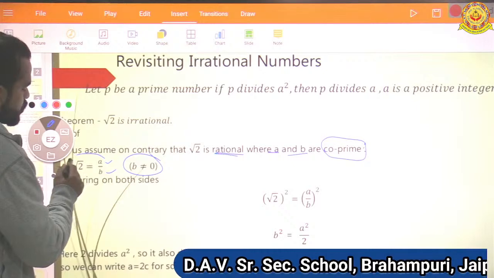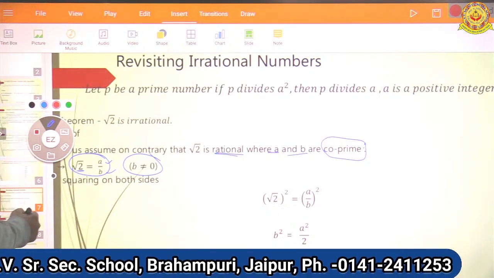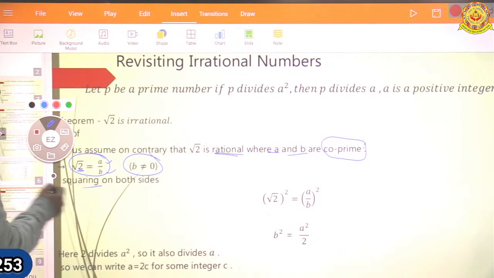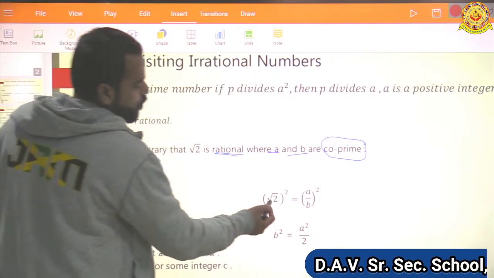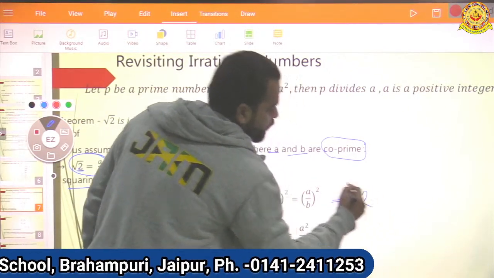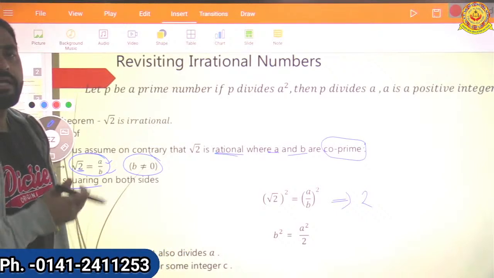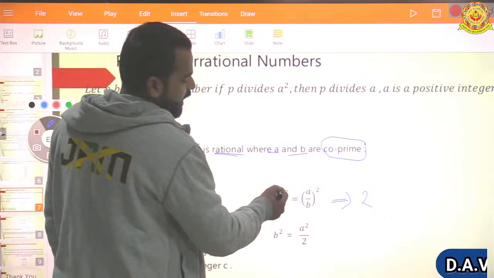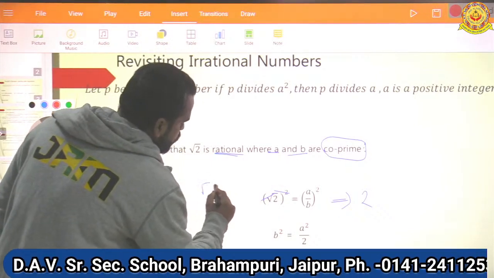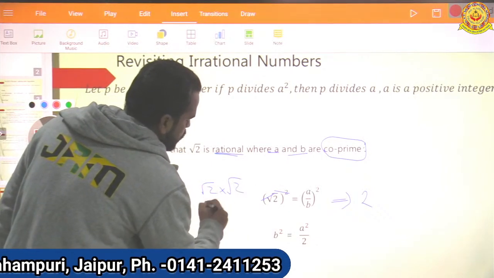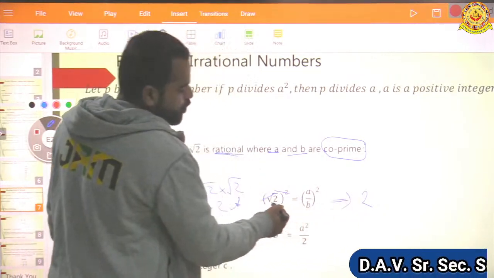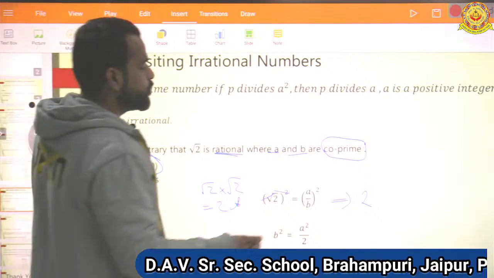Now if we are solving this square root, we have to square both sides, because it is under a square root. If we square both sides, then the square root of 2 squared will be 2. Square root of any number can be cancelled by the square, or if it is under root 2 into under root 2, then it simplifies to 2.